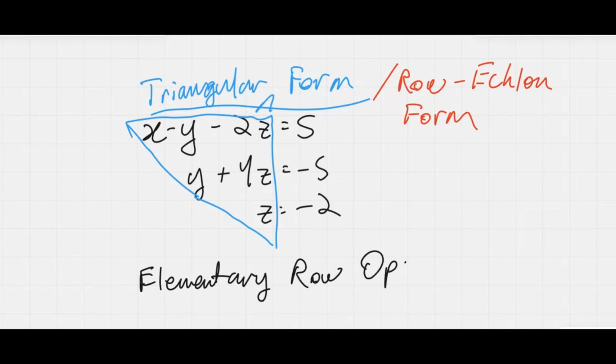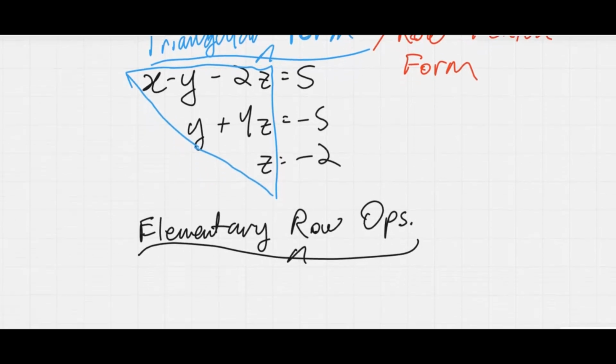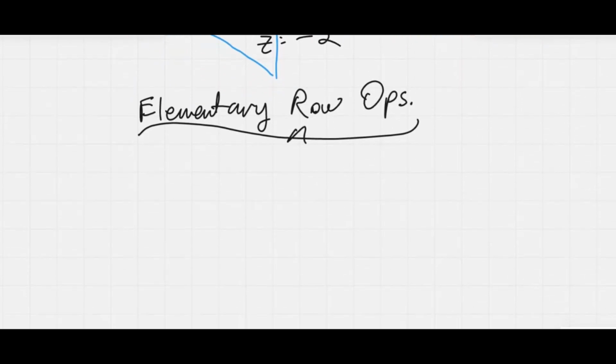And so this connects back to the idea of a matrix as well. You're hopefully familiar with matrices, and so these are operations that you can actually do on matrices, and they translate very easily back to the idea of a system of equations.